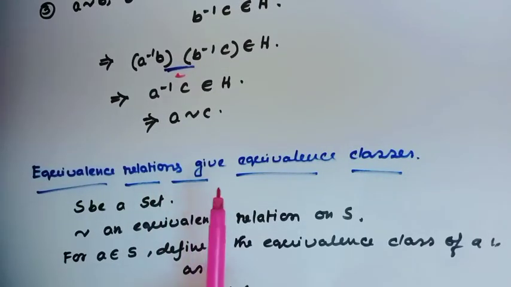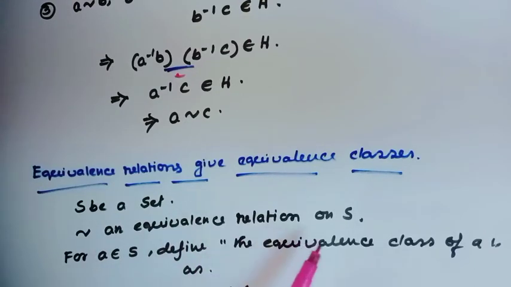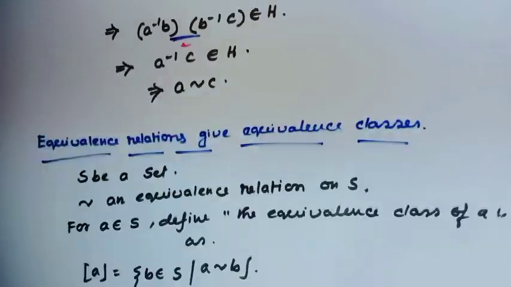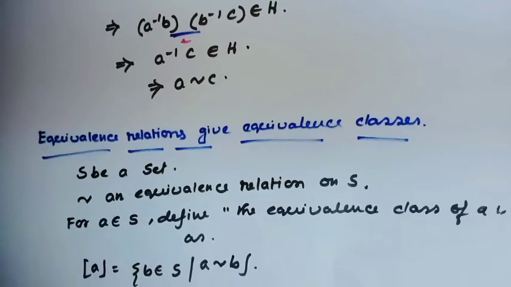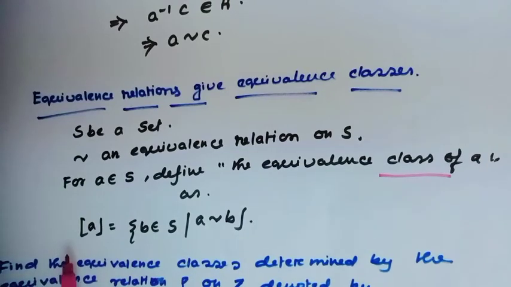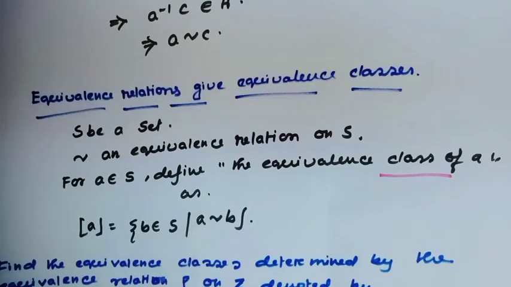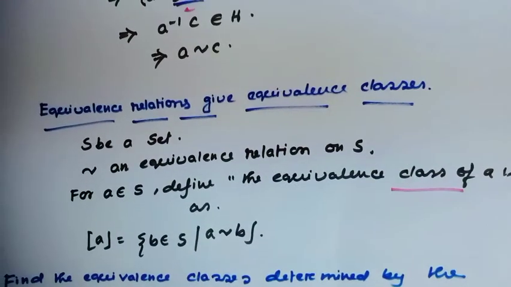And an equivalence relation gives the equivalence classes. What are equivalence classes? Let S be any arbitrary set, and ρ is the equivalence relation on S. For a a member of S, define the equivalence class of a as class of a equal to the set of all b in S such that a is related to b.